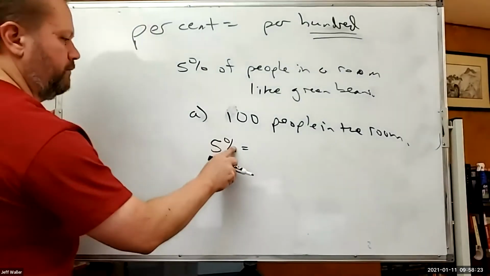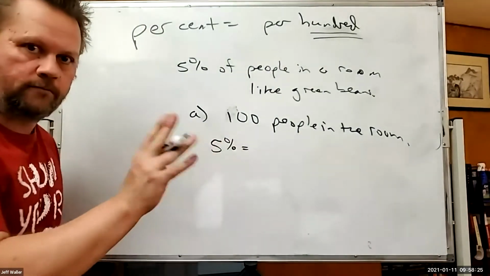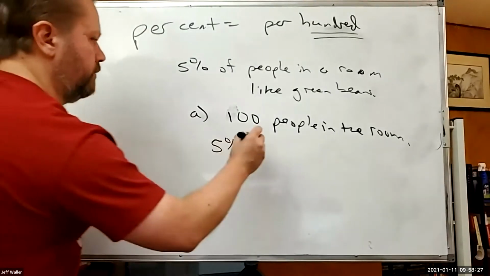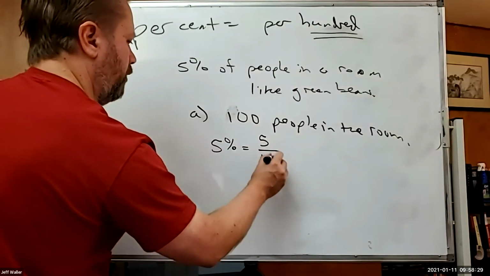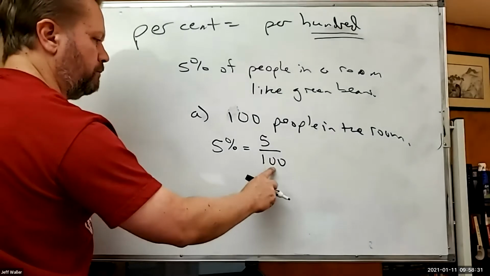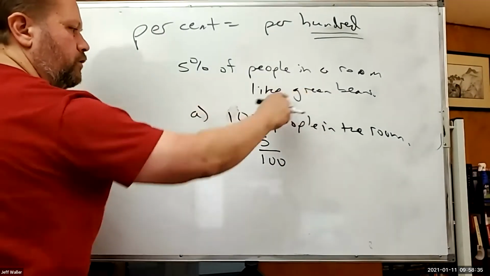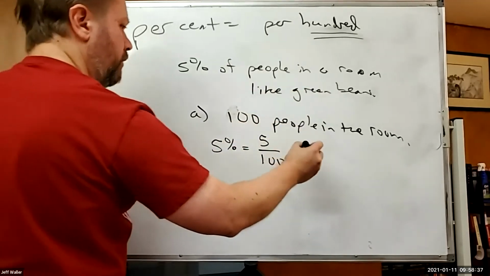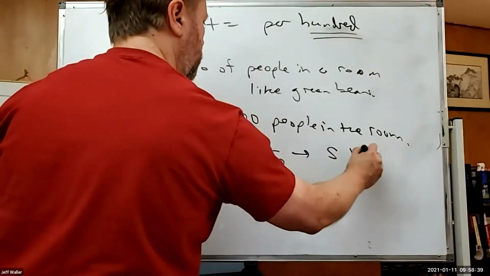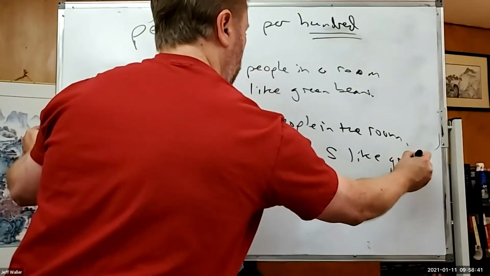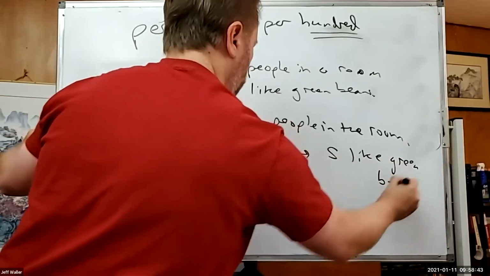So anyway, 5% means 5 per 100. So for every 100 people, 5 would do this. So if I have 100 people, then obviously 5 like green beans. I like green beans. All right.